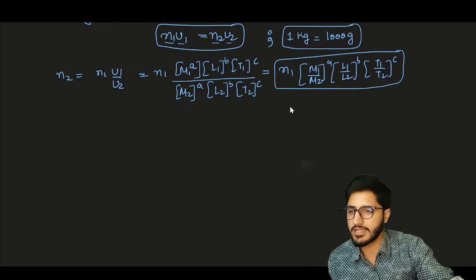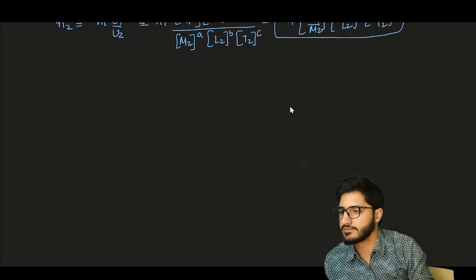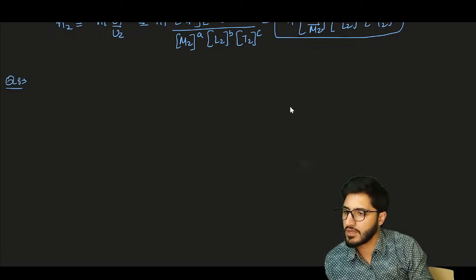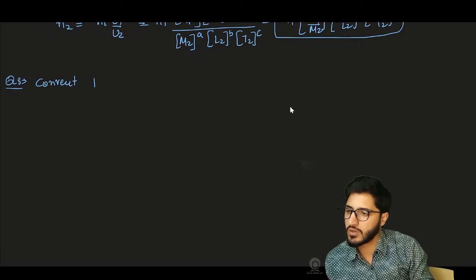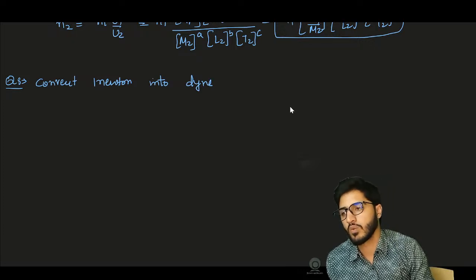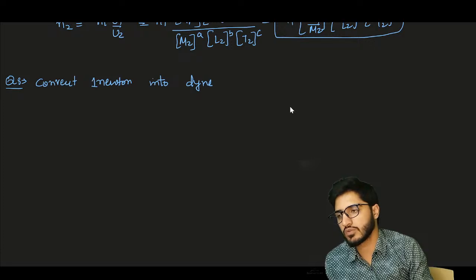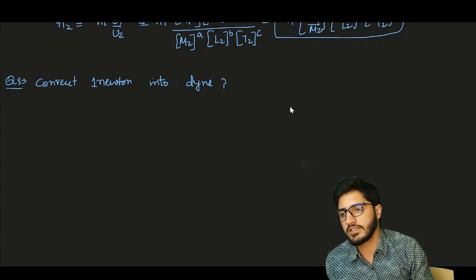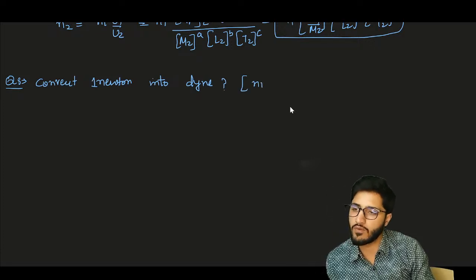Let's take an example to get it clear. Convert 1 Newton into dyne. Firstly, we know one formula: n1 u1 should be equal to n2 u2.